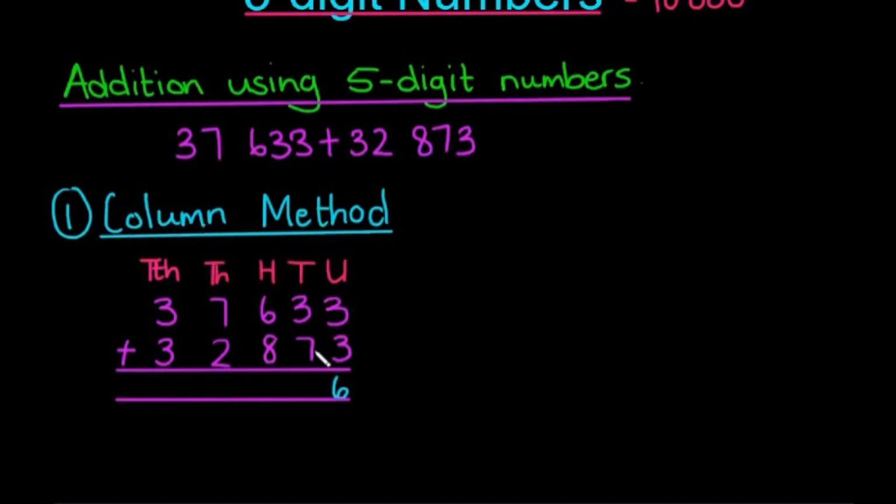3 plus 7 is 10. When you have something that belongs in the next column, like we are adding the 10s now, and the 70 plus the 30 is going to give us 100, we have to add that 100 to the next column.